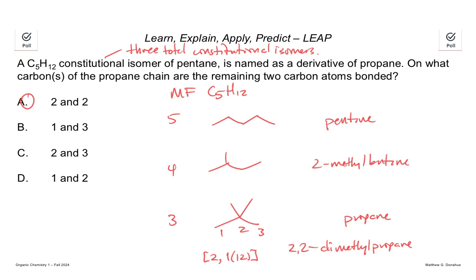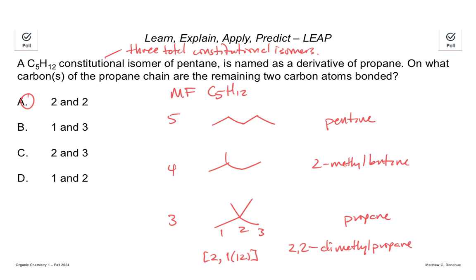So what do I mean by that? So right now, that's just a structure on paper. And you can see it, you can count the carbons, you can count the hydrogens, you can generate the molecular formula.